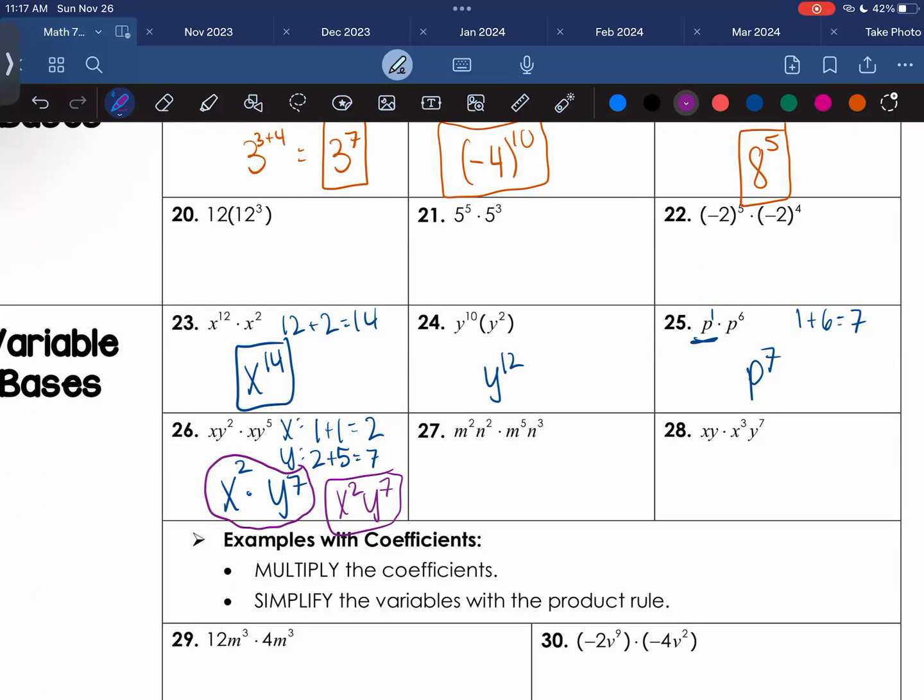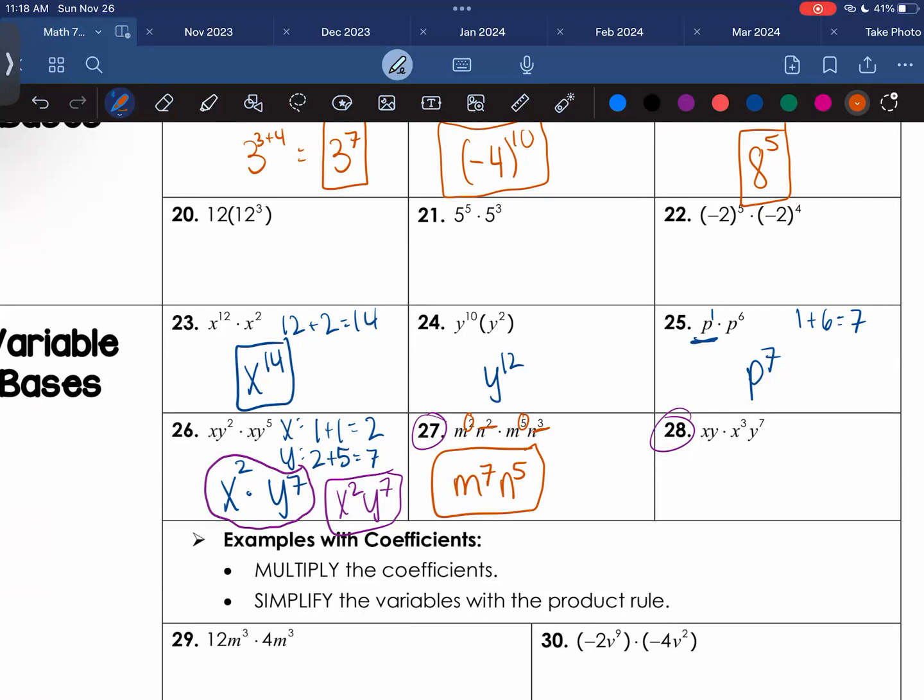Go ahead and try numbers 27 and 28 on your own, so pause here. Okay, you should have paused and gotten 27 and 28. For 27, you should have had m to the 7, n to the 5. I added my 2 and my 5 together for m, and then I added my 2 and my 3 together for n.